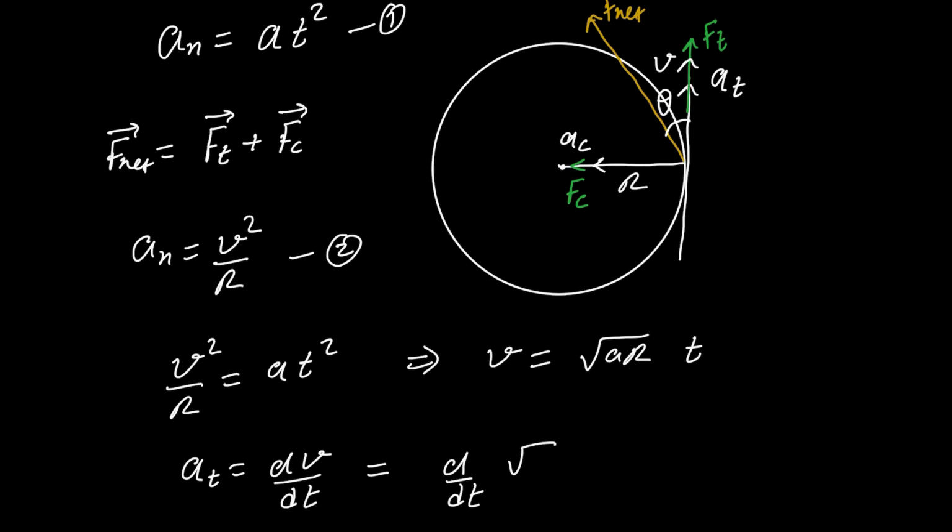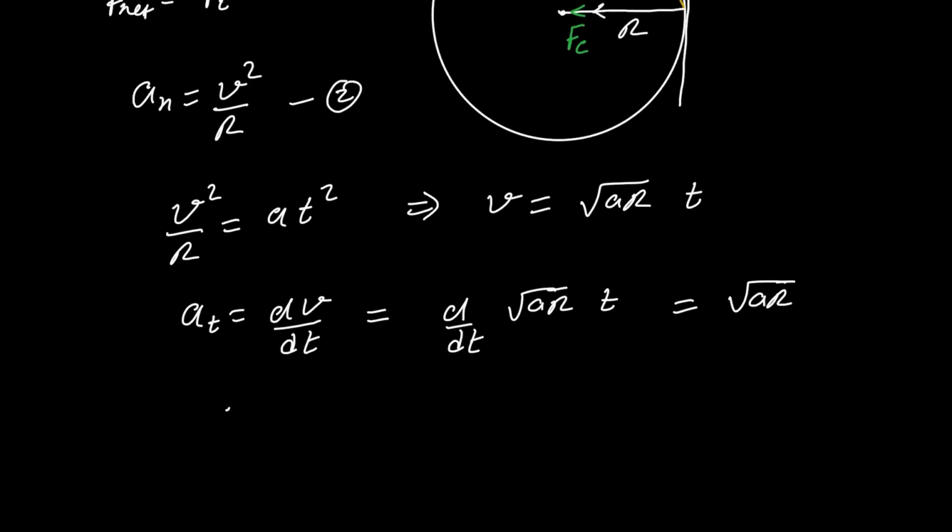So dv/dt is √(a r) times dt/dt, which comes out to be √(a r). So we can see that tangential acceleration is constant. If tangential acceleration is constant, then tangential force, that is m into tangential acceleration, will also be a constant quantity.